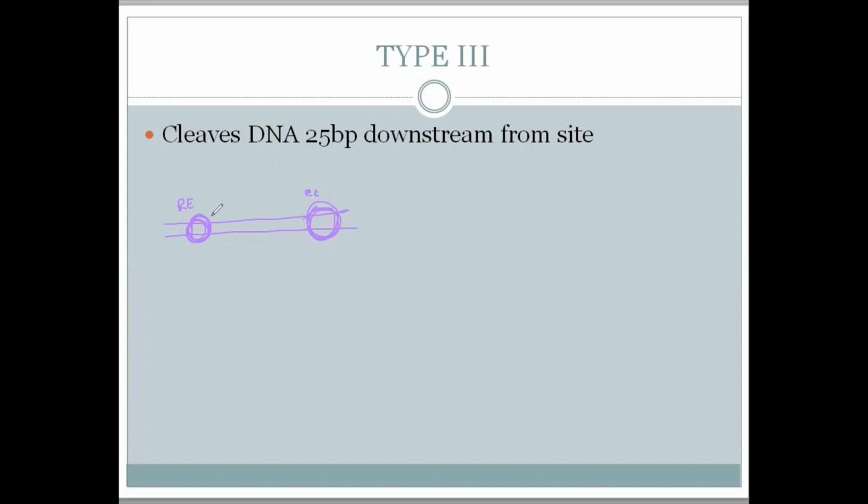Once it gets bound, it slides along the DNA, and once it reaches the second restriction complex, it cuts there. It cuts 25 base pairs downstream. Whenever this type 3 enzyme cuts the DNA, it cuts about 20 to 30 base pairs after the recognition site or restriction site. So this is how the type 3 enzyme works.